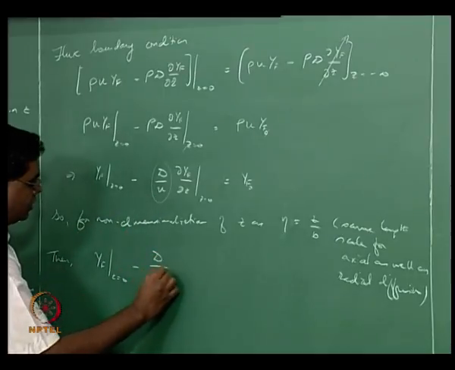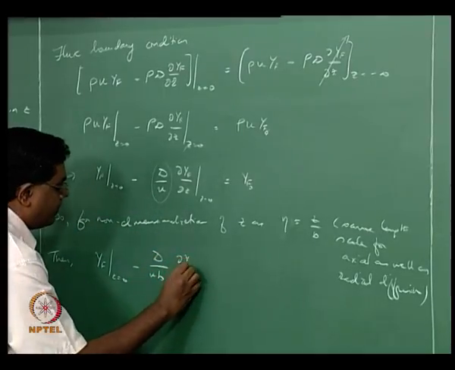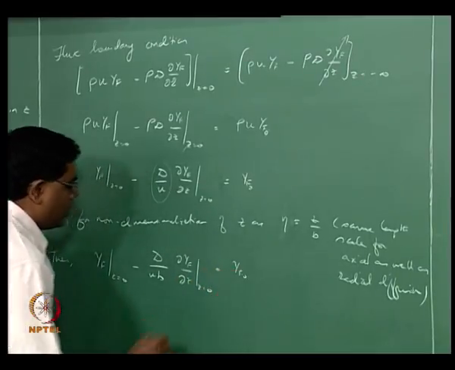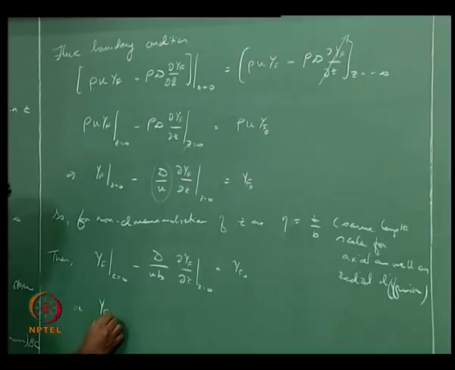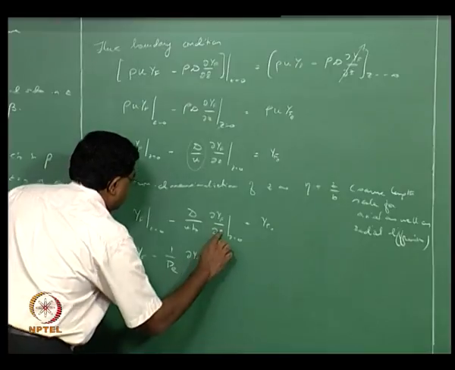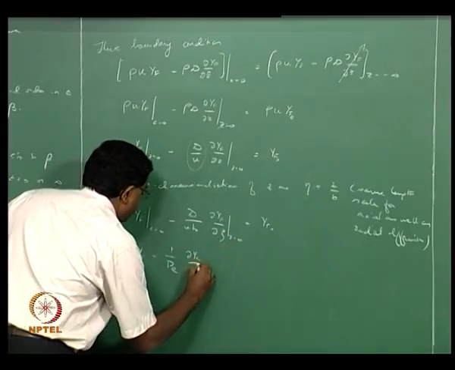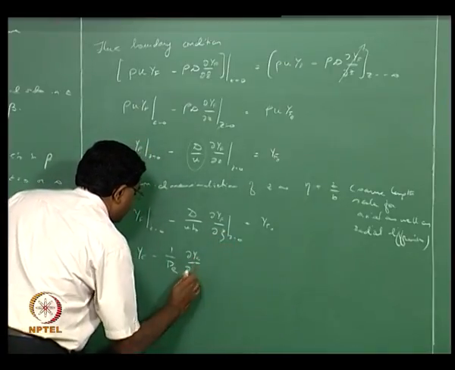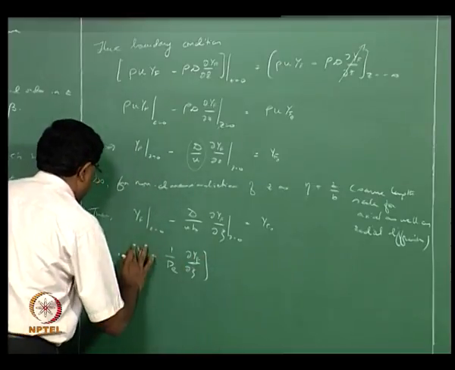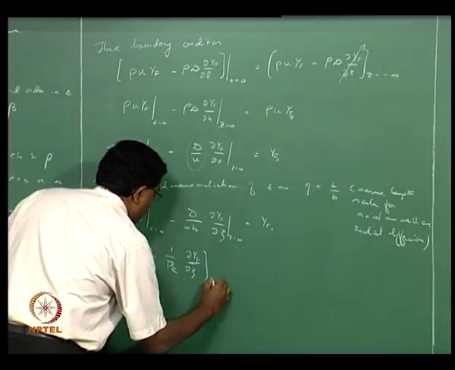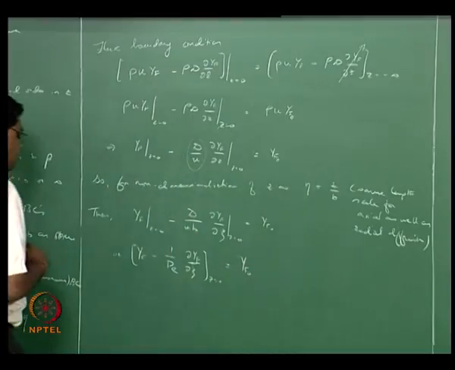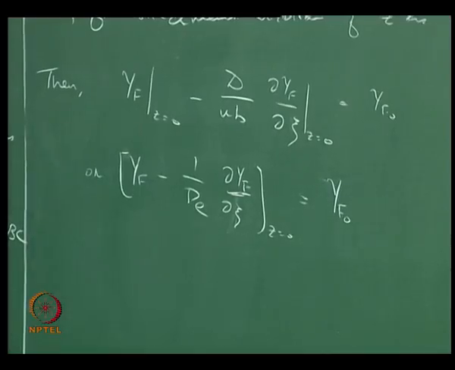So you can have a d... yf naught or yf minus 1 over Peclet dou yf by dou psi at z equal to 0 equals yf naught, right?